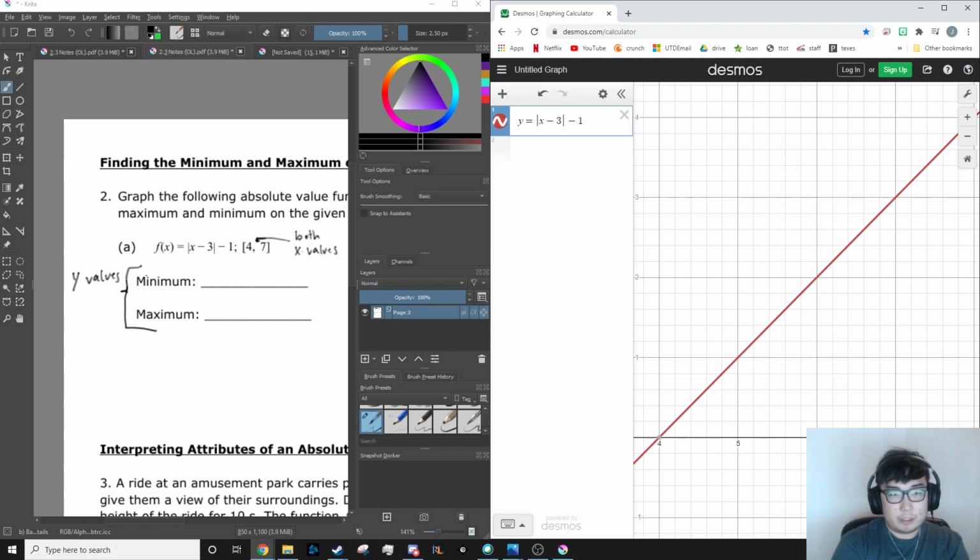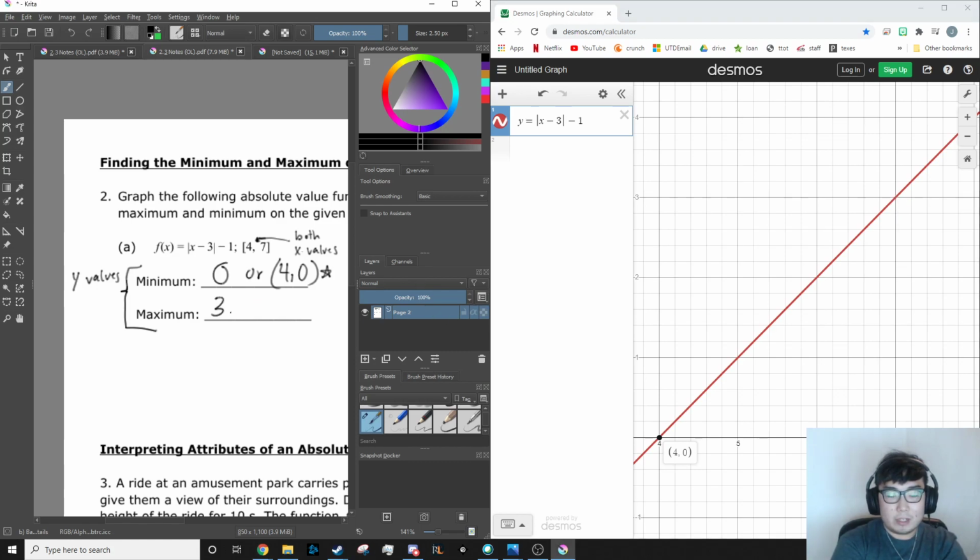So the smallest, which is the minimum, would be right here, because my graph is the lowest here between 4 and 7 equal to x. So my lowest value is 0, or you can write it as 4, 0. Doesn't matter. I like this way more. But my maximum is 3, or it is 7, 3.